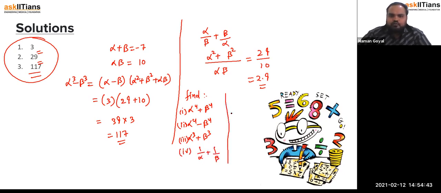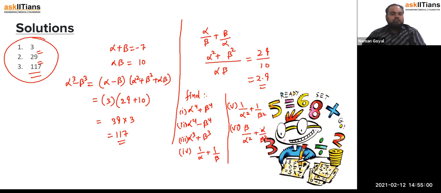Fifth is 1 upon alpha square plus 1 upon beta square. Sixth is beta upon alpha square plus alpha upon beta square. You have to solve these questions. For the same, alpha plus beta is minus 7 and alpha beta is 10.